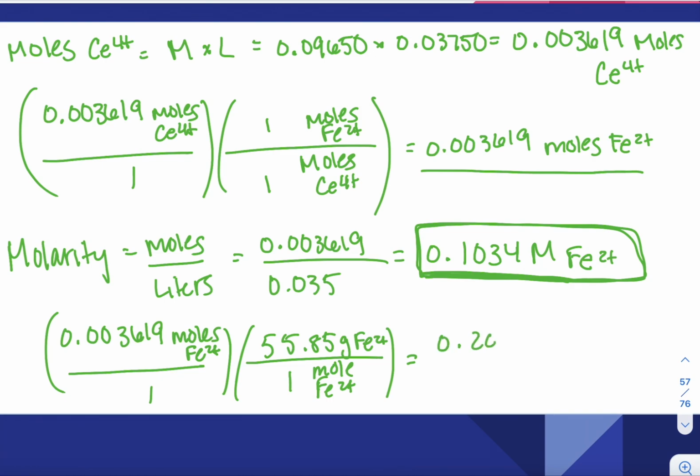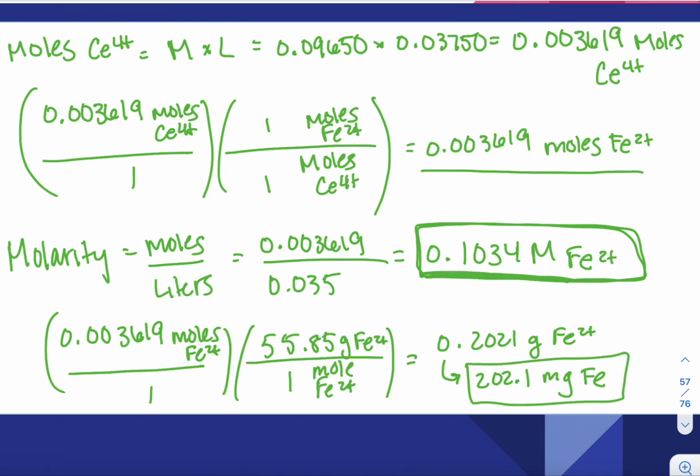So that comes out to this, but they ask for milligrams, so we'll convert that to milligrams of iron. And again, it's easy. When you're talking about mass, you can just switch from Fe2 plus to Fe because the electrons don't matter for mass.